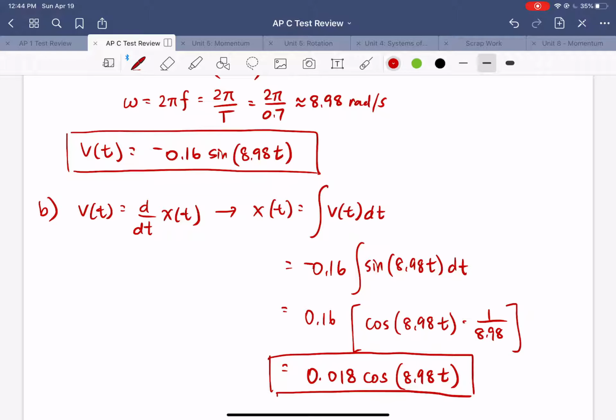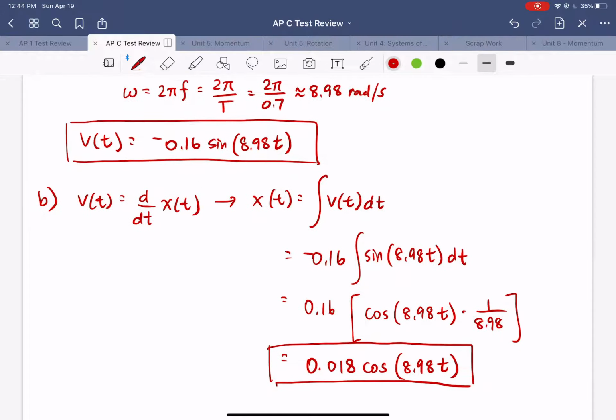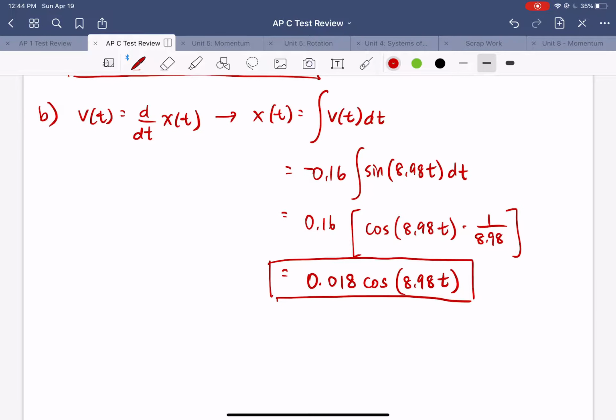All right, part C asks us to find the value of the spring constant k. For this, the easiest way is just to look up our formulas and remember that the frequency of this oscillation is going to be determined by the mass and the spring constant.